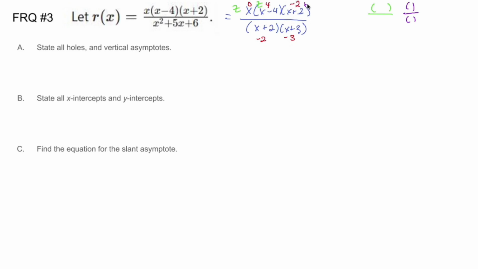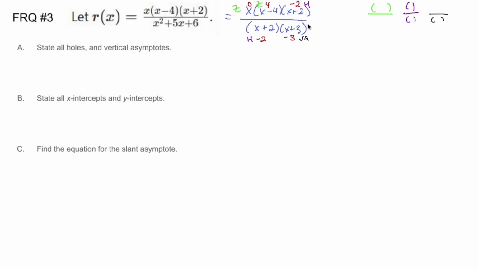So negative 2 is a hole and negative 2 is a hole. Anything that's in the denominator all alone is going to be a vertical asymptote, so negative 3 is a vertical asymptote.